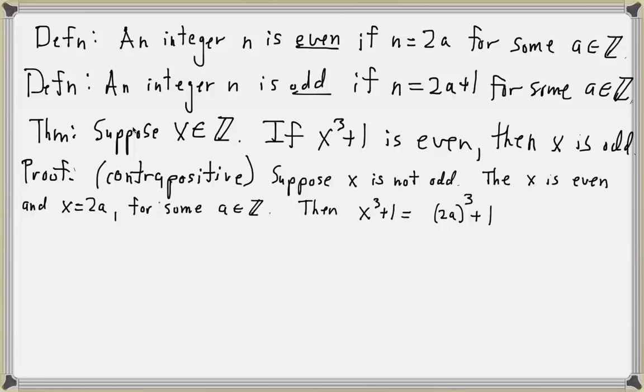But to make it look exactly like our definition, 2 times an integer plus 1, I'm going to factor out one of the 2's from this expression. So I'm going to rewrite this as 2 times what integer? Well, if I had 3 factors of 2 and I factor one out, I'm left with 2 factors of 2, which is equal to 4, and I have 3 factors of a. So 2 times 4a cubed plus 1.